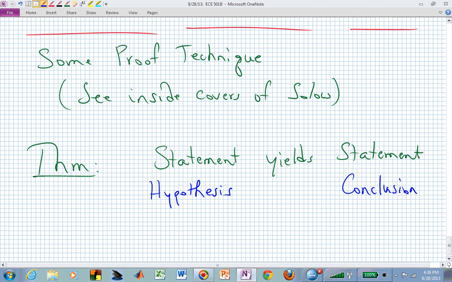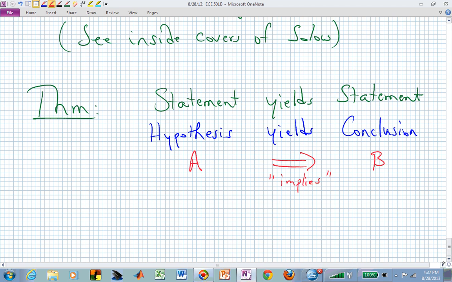So this hypothesis yields the conclusion, or we might get even more concise and say, statement A implies statement B. Or you might see this written as if A, then B.